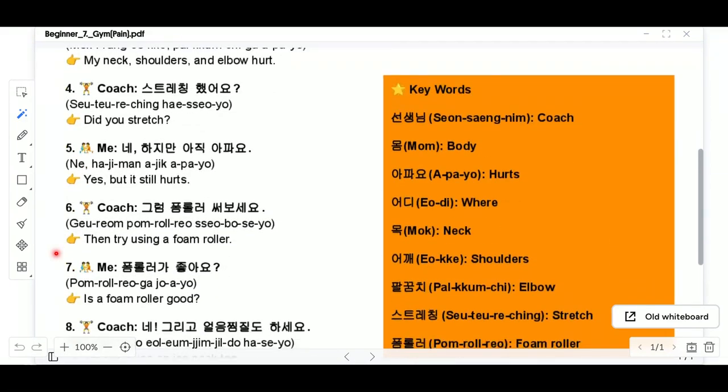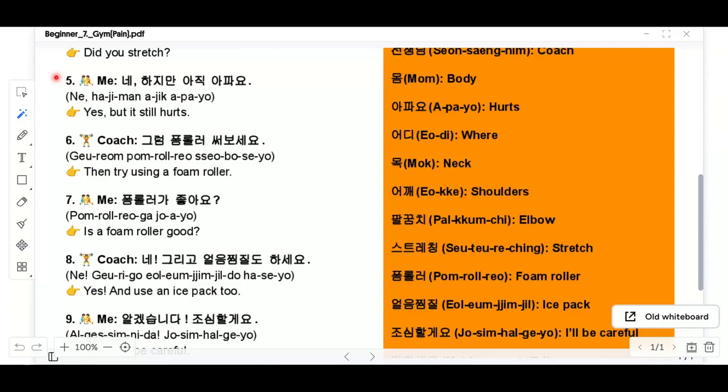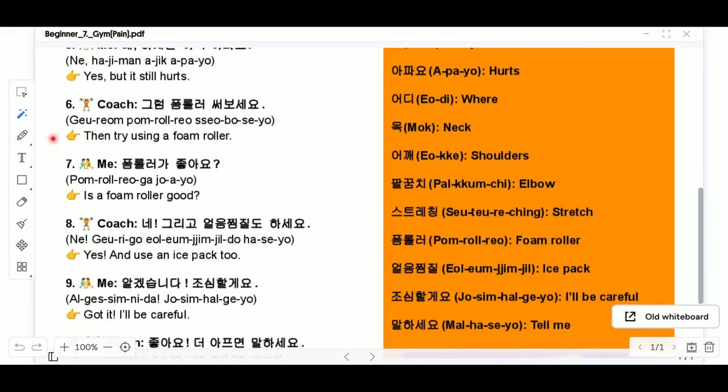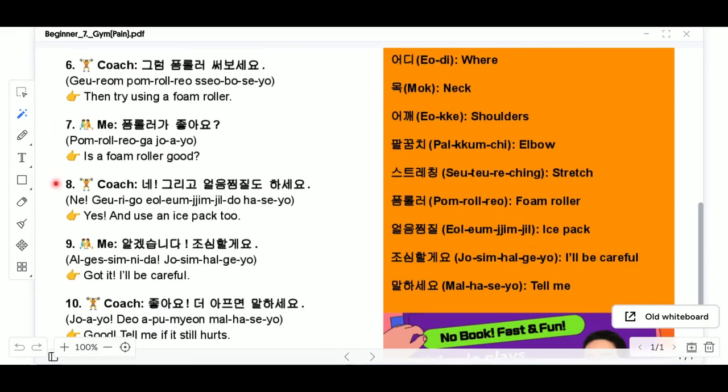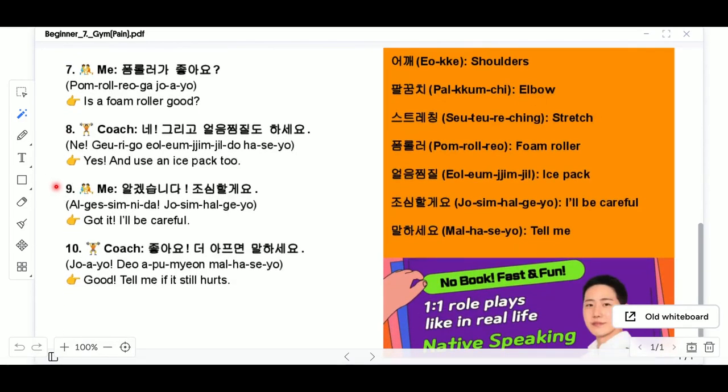Stretching 했어요. 네, 하지만 아직 아파요. Great. 그럼 폼롤러 써보세요. 폼롤러가 좋아요? Great. 알겠습니다. 조심할게요. Great, great. Okay.